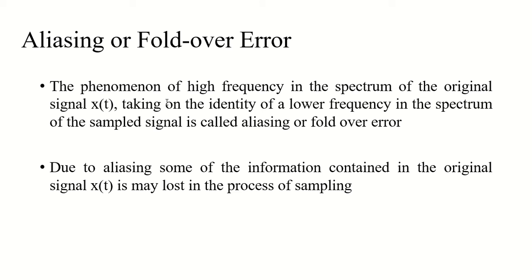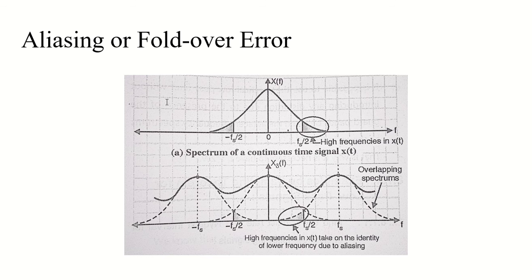Basically, your high frequencies are taking the identity of lower frequencies, and because of that we lose some information. When you reconstruct your signal, some of the information from your original signal will be lost, and that is why aliasing is not good for any type of signal, be it images or any other type of signal.